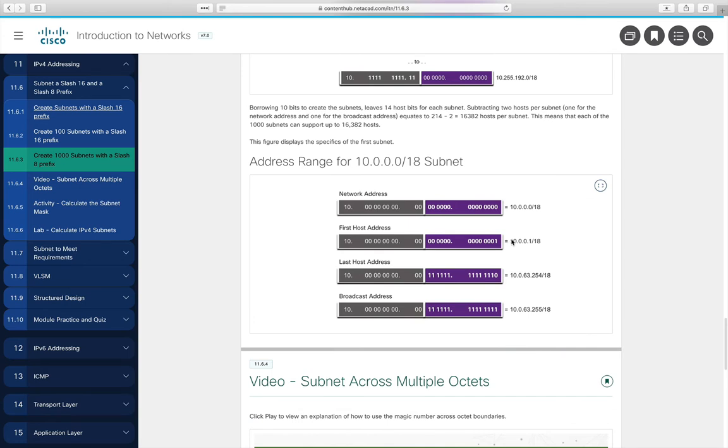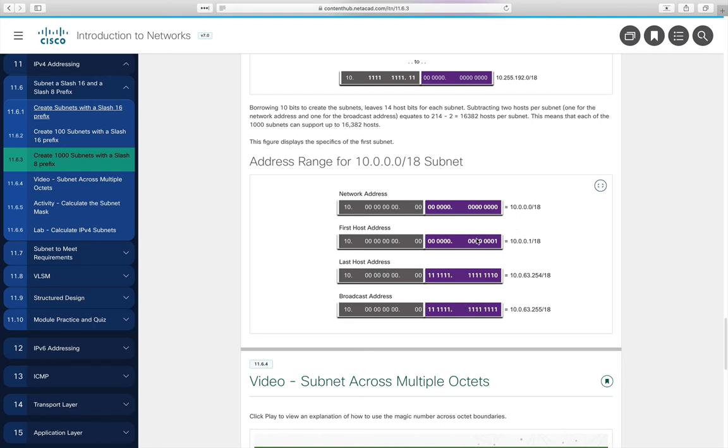Here, they're showing us the address range for the first subnet, subnet 0. So from above, we know that 10.0.0.0 is the network address. If we set all of our host bits to 1, that means 10.0.63.255 is our broadcast.